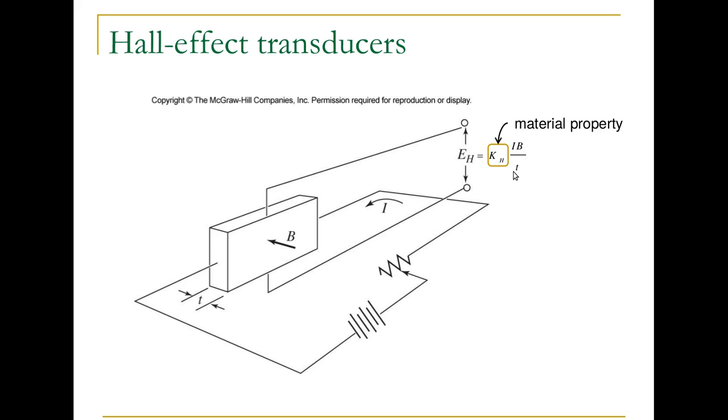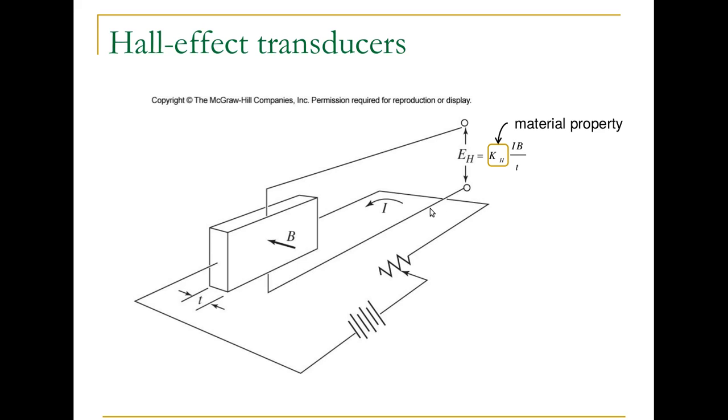And K_H is a property of the material. This voltage is small, in the hundreds of microvolts, so it requires amplification. Hall effect transducers are more commonly used, though, to measure position.